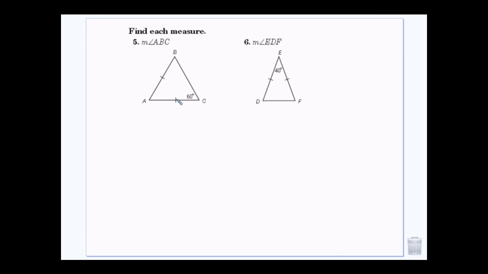Okay, because these two are the same, that tells me that these angles are the same. And since this one is 60, that means that this one is 60.